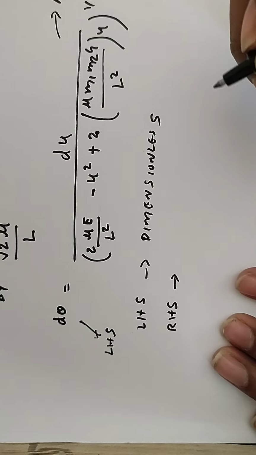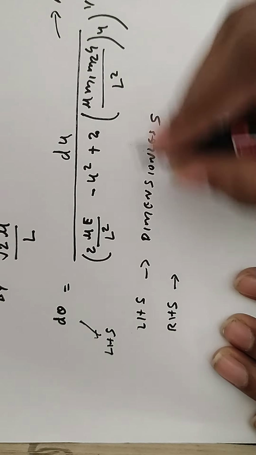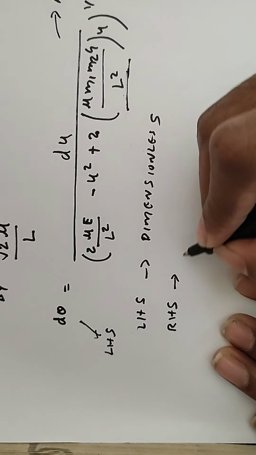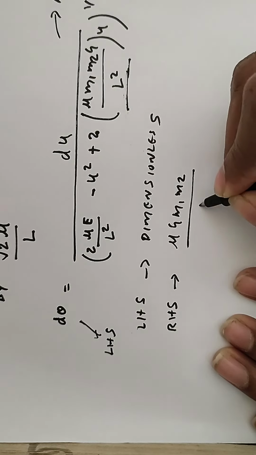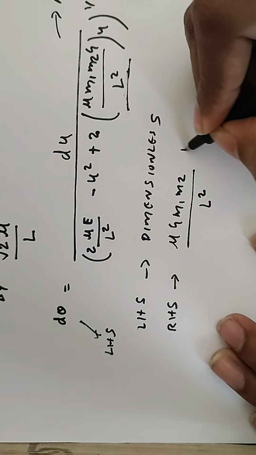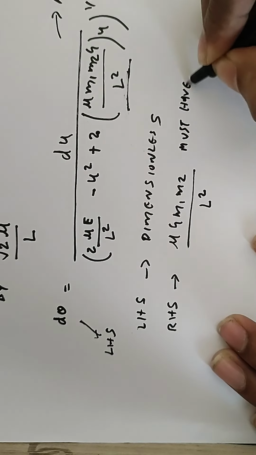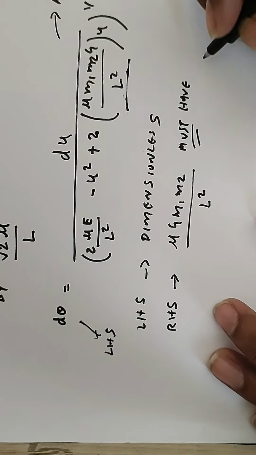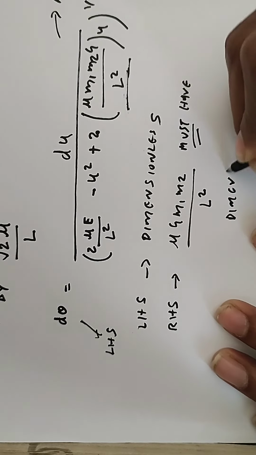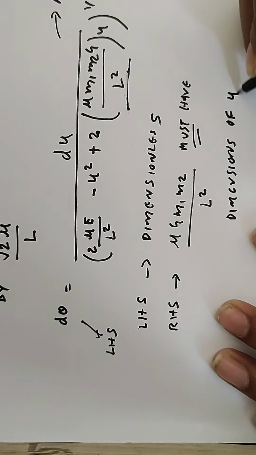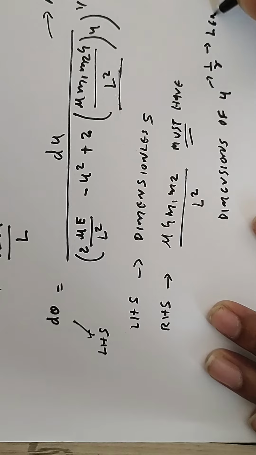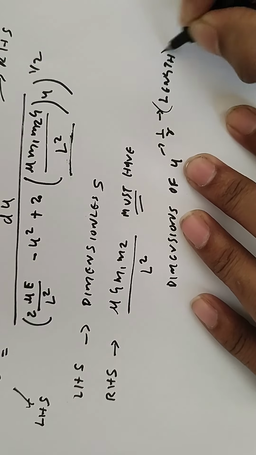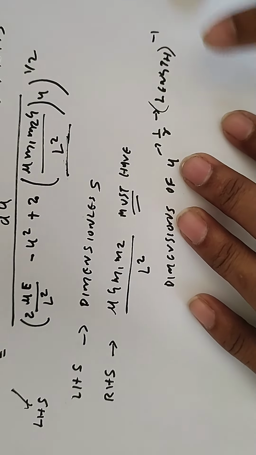Take mu G m1 m2 upon L square. Please note the wording: it must have dimensions of u. But what is u? u is 1 over r. It means it must have a dimension of length inverse, right?